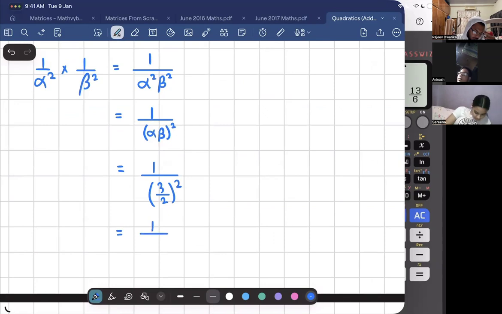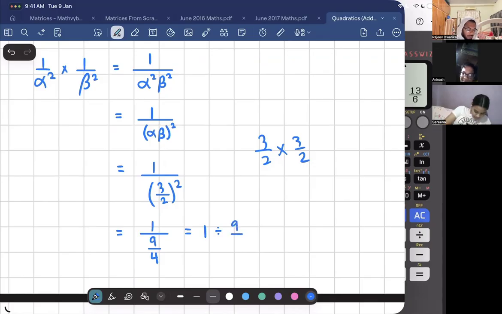Right. So Avinash, what is 3 over 2 squared? That means 3 over 2 by 3 over 2. 3 by 3 is 9, and 2 by 2 is 4. All right, what is 1 over 9 over 4? That is the same thing as 1 divided by 9 over 4.